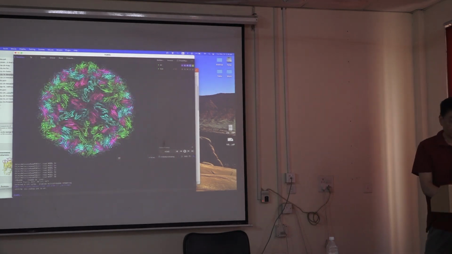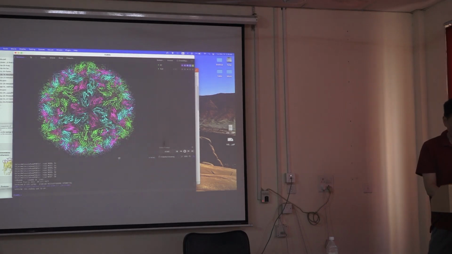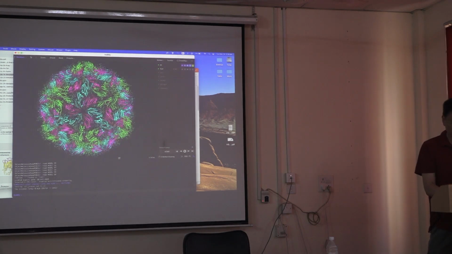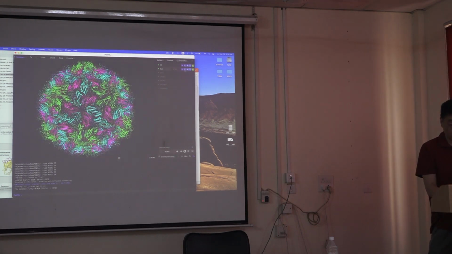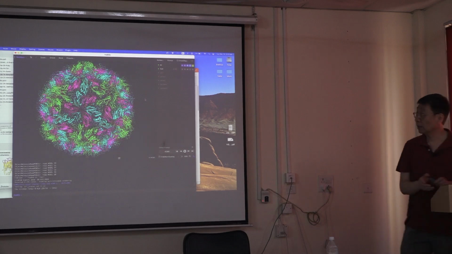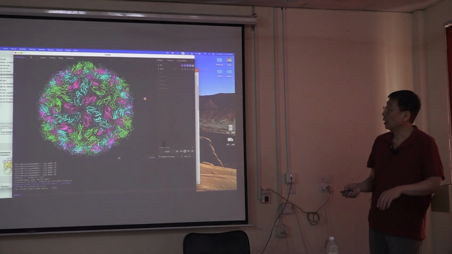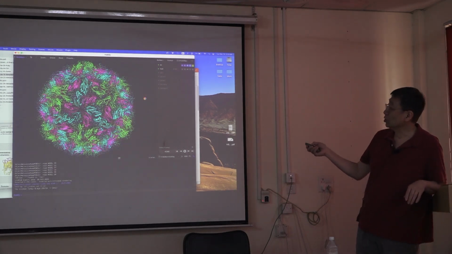And so let me see whether I can do this. This will take a little bit of time. So essentially, I'll show the surface of the structure.